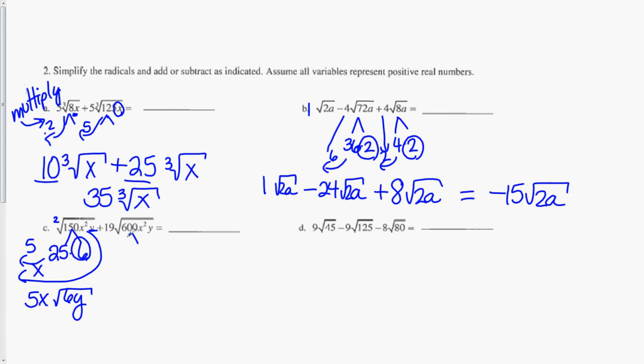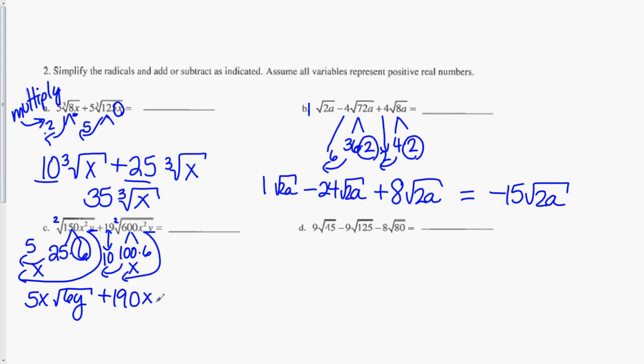Okay, and for 600, I know 100 times 6, and 100 is a perfect square because it comes out as a 10. Now I have a number in front of there. So I know 19 times 10 is going to give me 190. Let's see what else we have. We have an x squared, and there's an imaginary 2 there. So it's going to come out as an x because 2 divided by 2 is 1, and the y is going to stay.